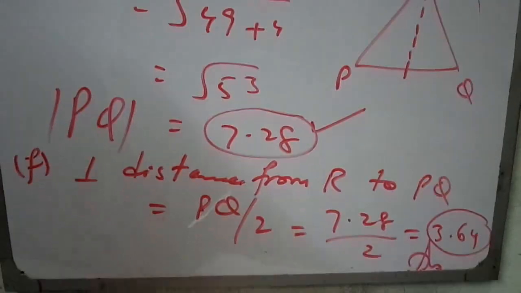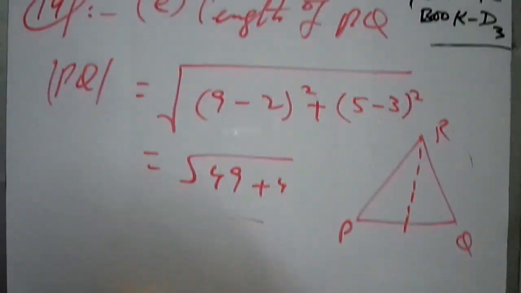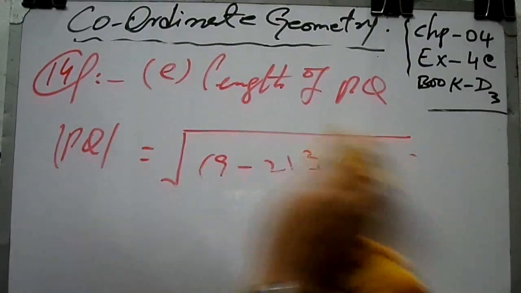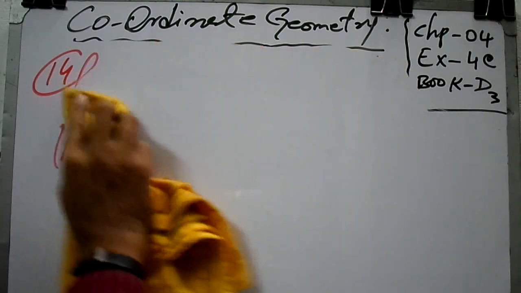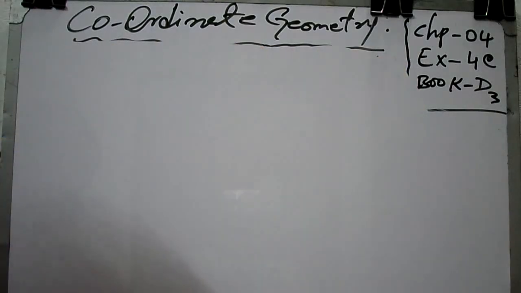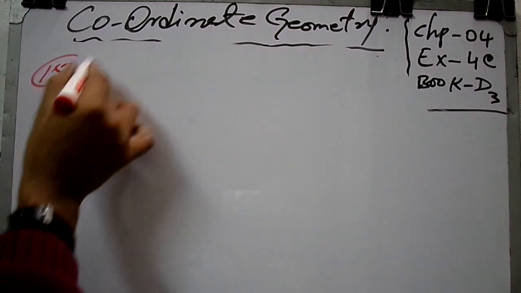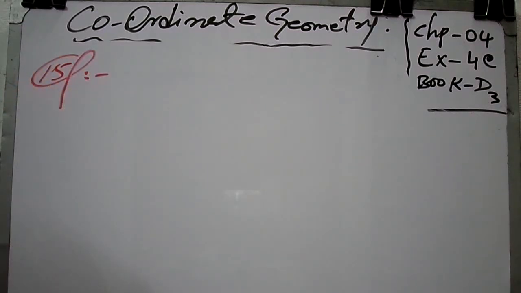Now coming to the last question of this exercise, question number 15. If you read the statement: the line mx is equal to ny plus 2 has the same gradient as the x-axis; find the value of m and state the conditions for the line to be parallel to the y-axis.